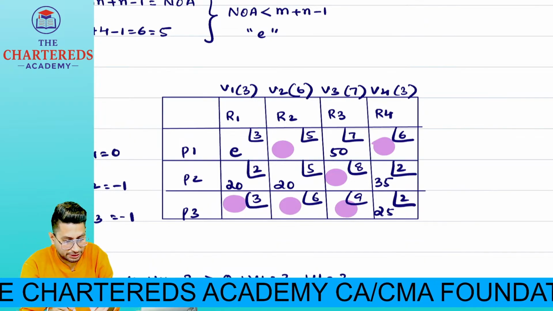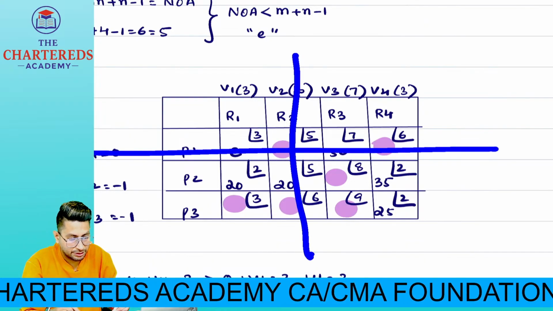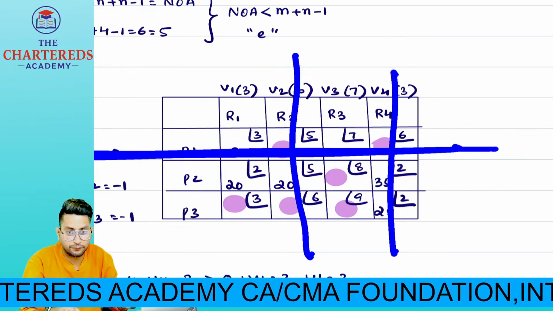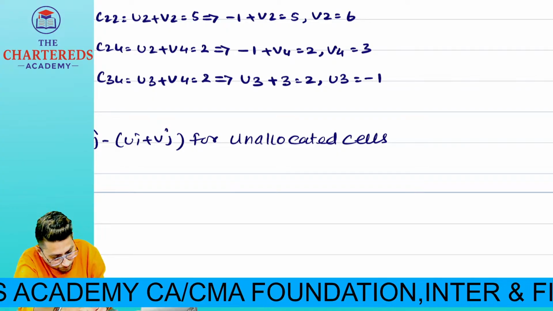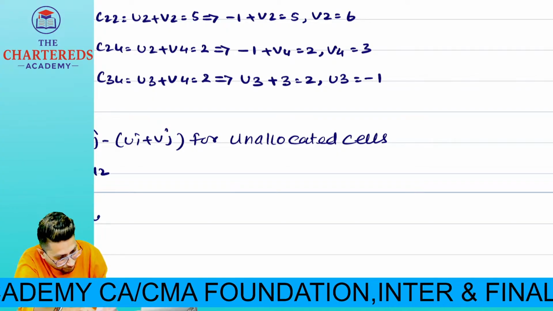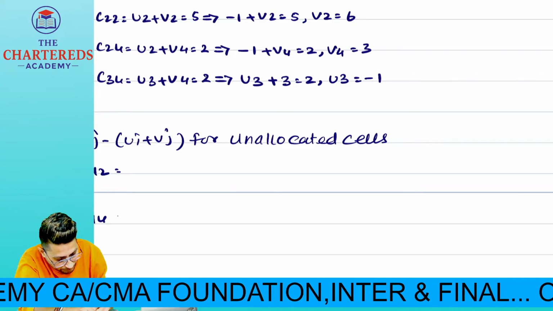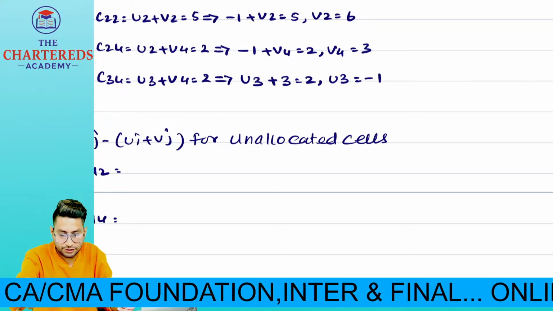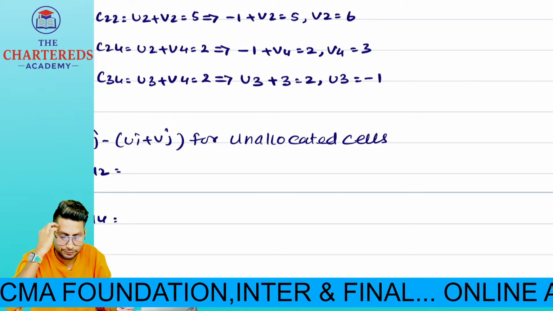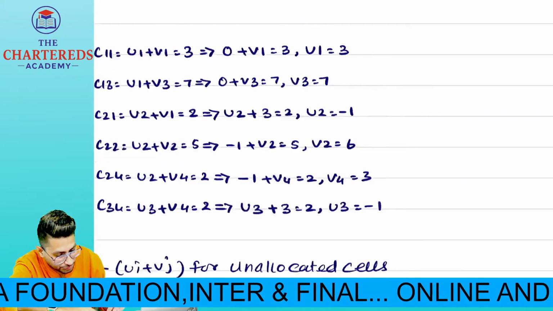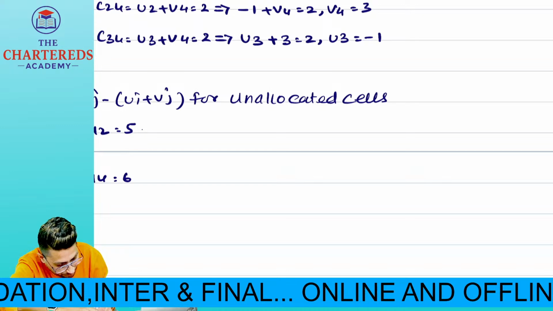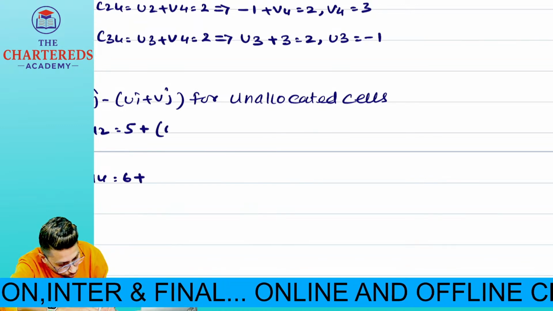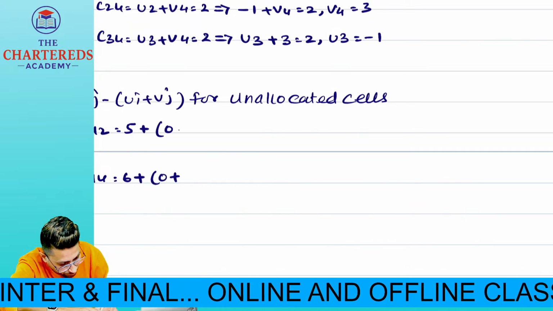What is the first unallocated cell? C12, C14. Check and tell me what is Cj for C12, cost for C12? How much? 5 and 6. Plus Ui 0.